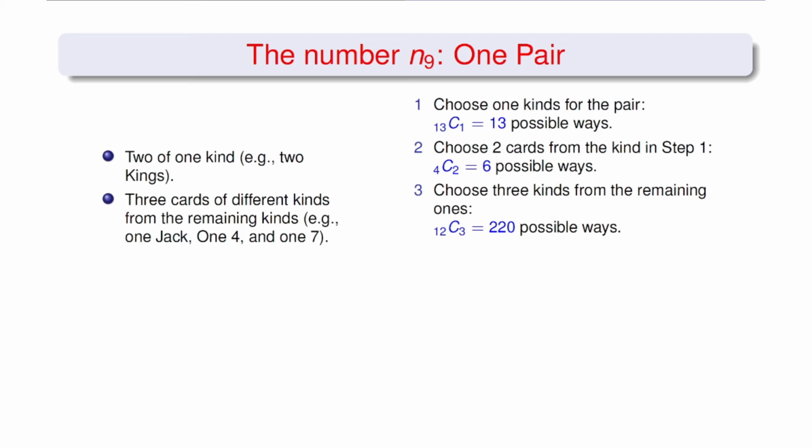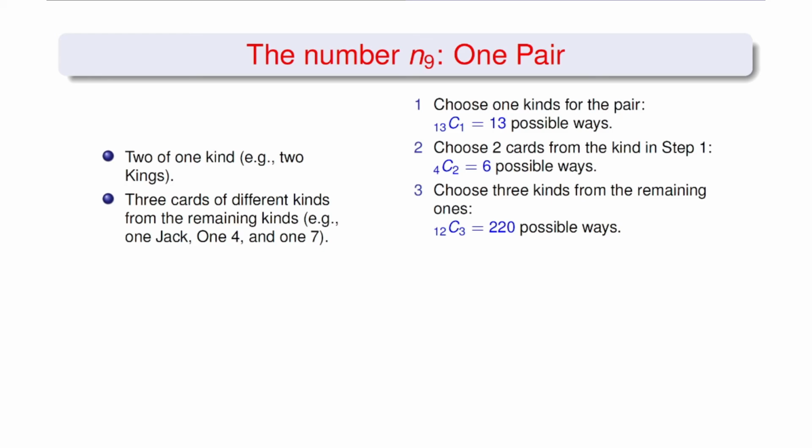Now step 3, we're going to choose 3 kinds for these 3 cards. After the first kind for the pair, there are 12 kinds remaining, so 12 choose 3, that's 220 possible ways.